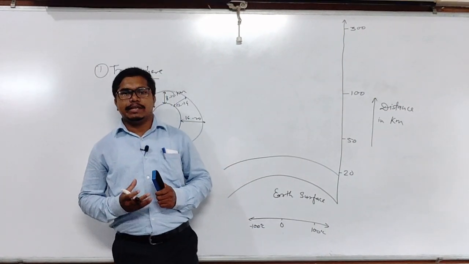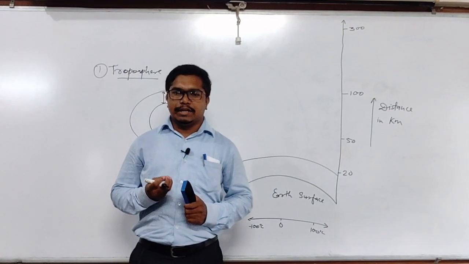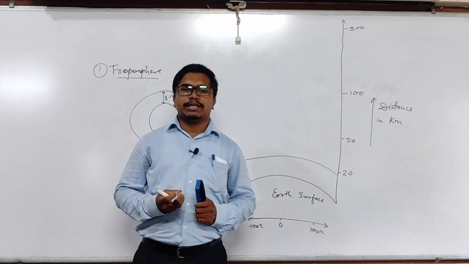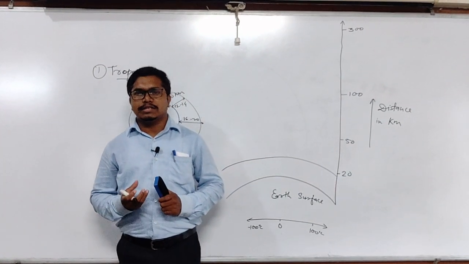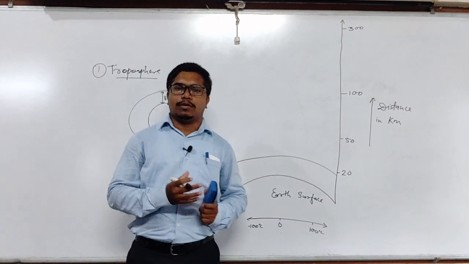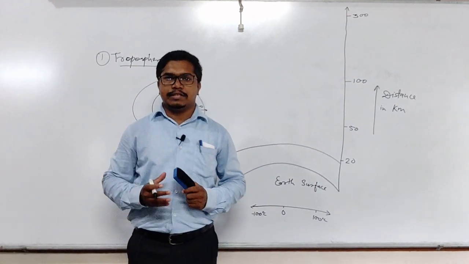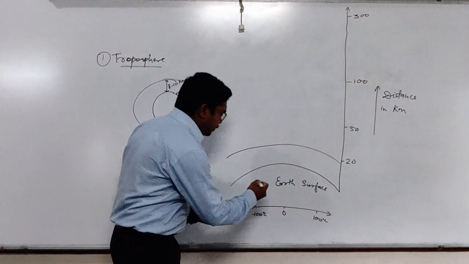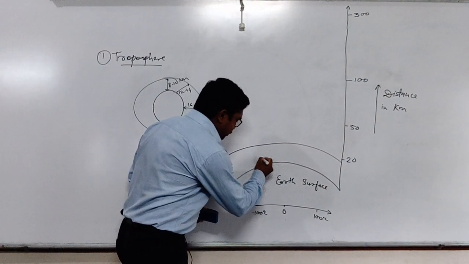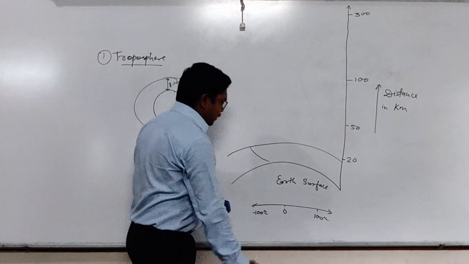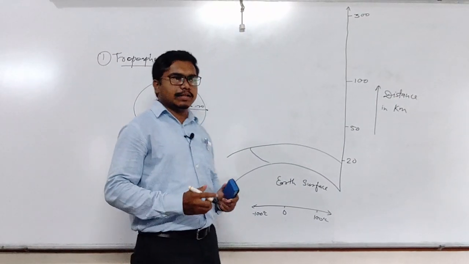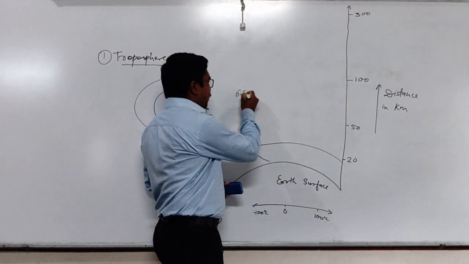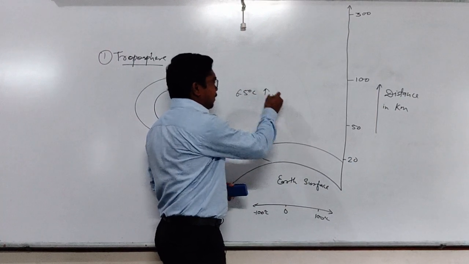It is also a very important zone because it contains 95% of gases which are essential for the survival of all the organisms. In this layer, the temperature decreases with increase in height up to minus 60 degrees Celsius, and this decrease in temperature is 6.5 degrees Celsius per kilometer.